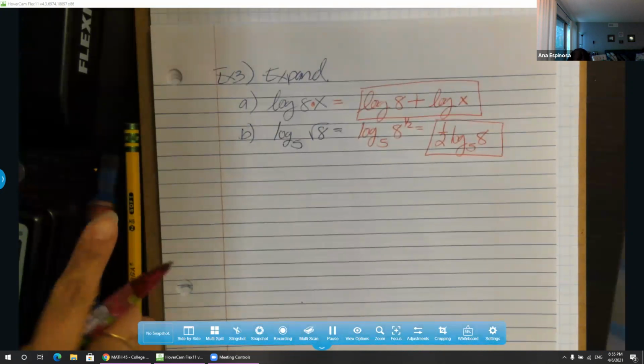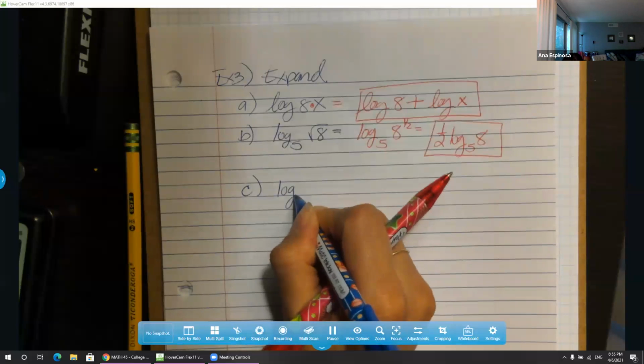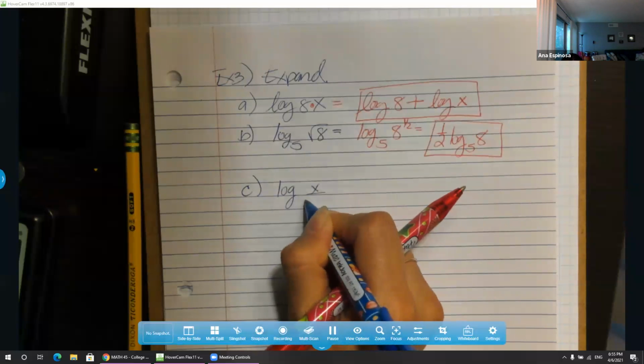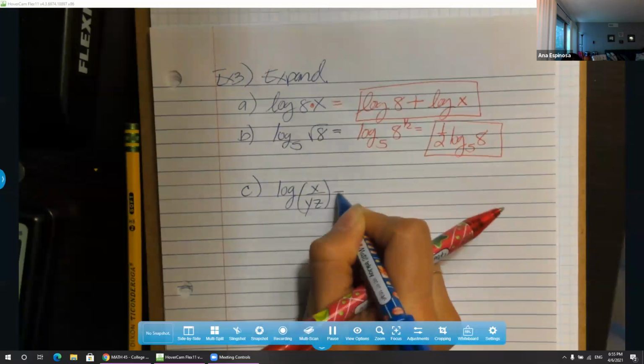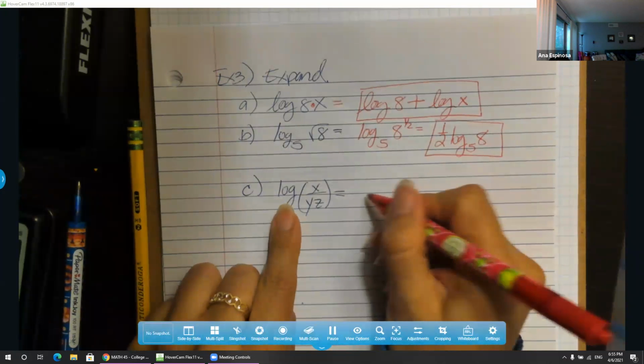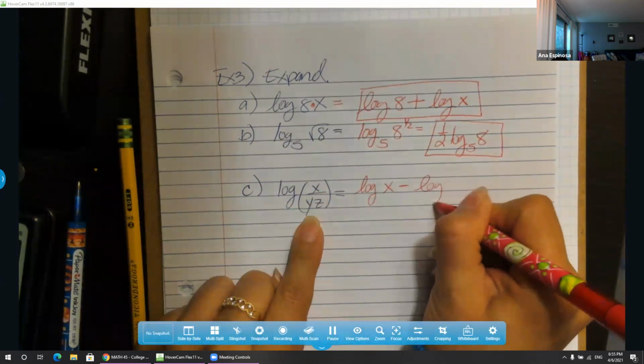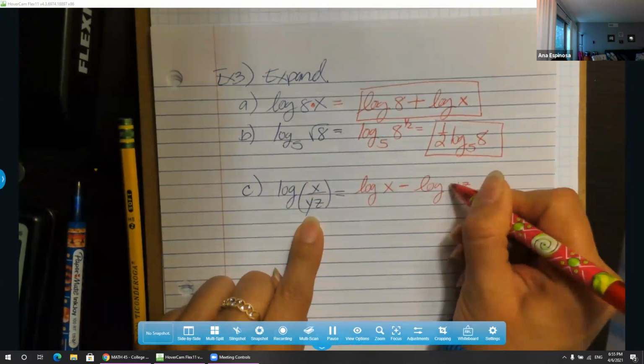Okay, let's try some more difficult ones. C, log of x over yz. The first thing in the broad view is that 2 things are dividing. So I'm going to separate this as the log of the top minus the log of the bottom.